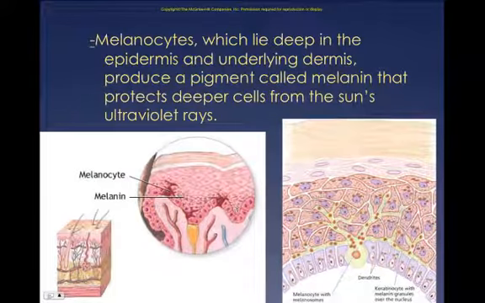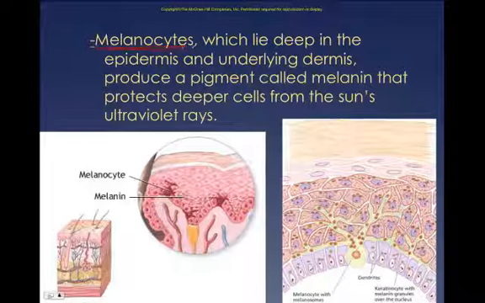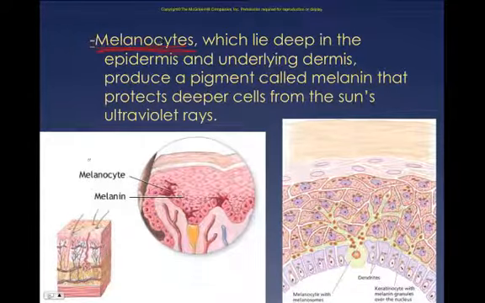So now, inside the epidermis, we're going to have some specialized cells that lie in the epidermis. And when we look here, one of these specialized cells is called melanocytes, okay? And as you can guess, melanocytes are going to produce, you guessed it, melanin, okay? So your melanocytes are actually going to lie really deep in the epidermis and sometimes even in the underlying dermis.